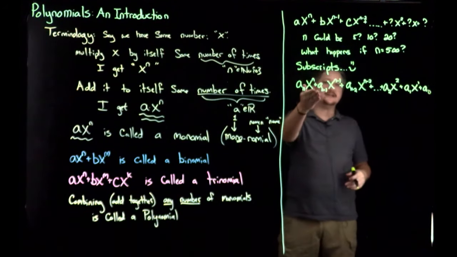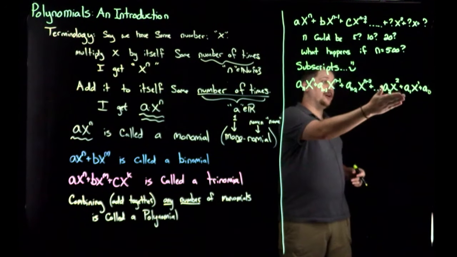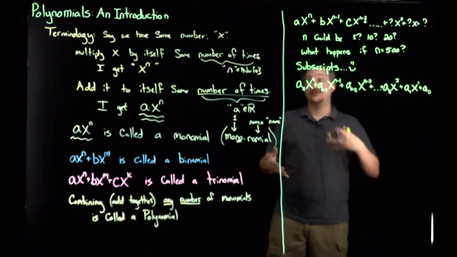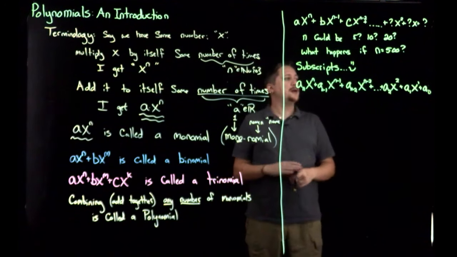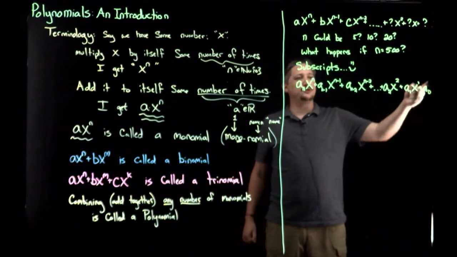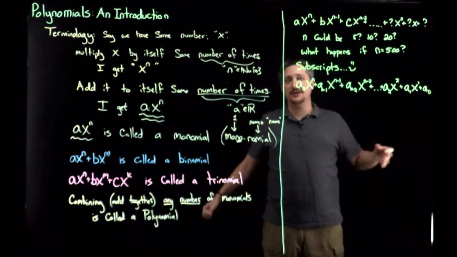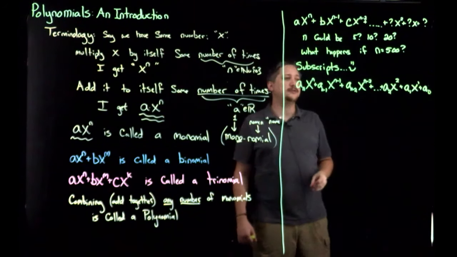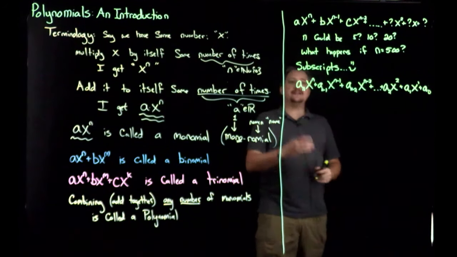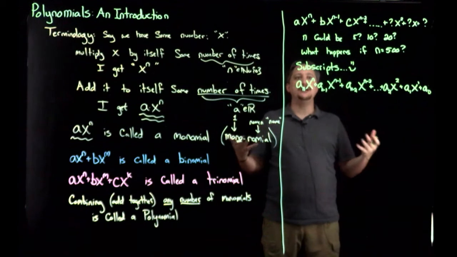A sub n minus 1, a sub 1, a sub 0, right? So that's the subscript shorthand. And really it's because there's an x to the 0 floating there that we're not writing because it doesn't actually change anything, okay? And the nice thing about this is that the subscript can be whatever it is.